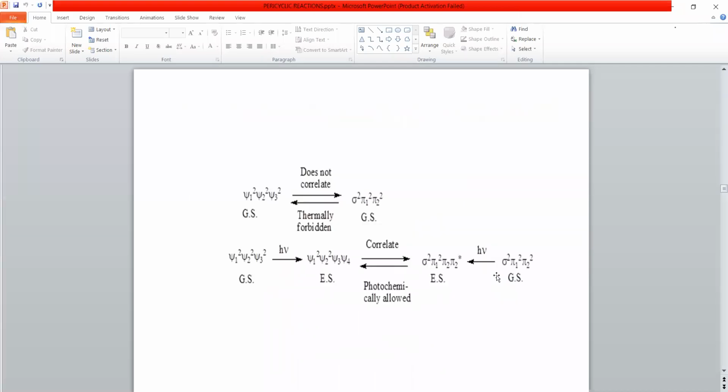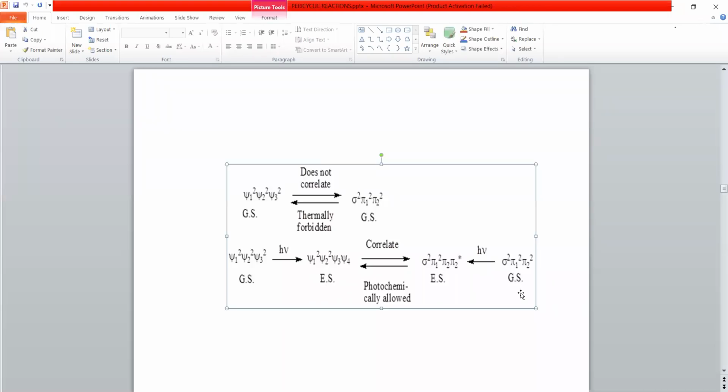Here psi1 square, psi2 square, psi3 square does not correlate with sigma square, pi1 square, pi2 square. But the first excited state, psi1 square, psi2 square, psi3 and psi4, can correlate with sigma square, pi1 square, pi2 and pi2 star.